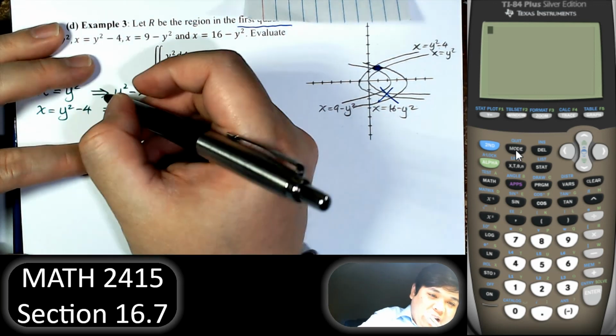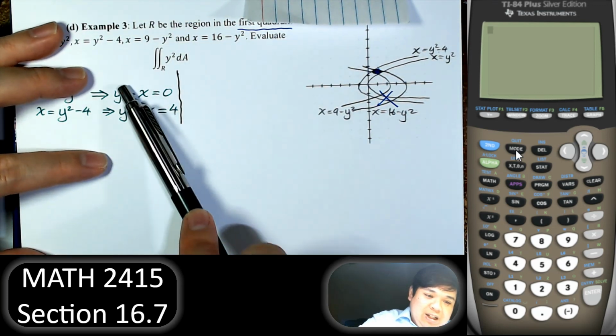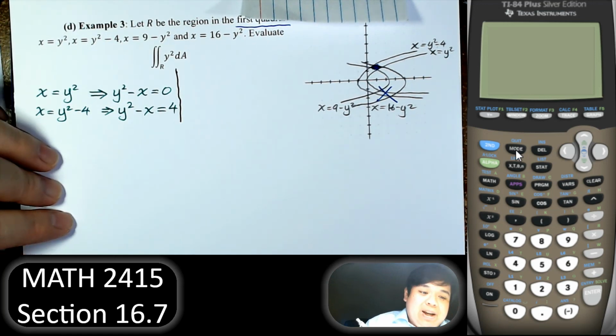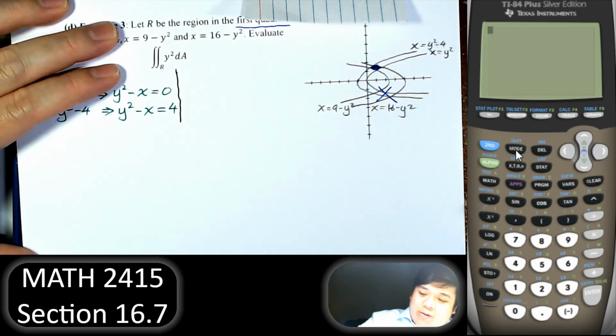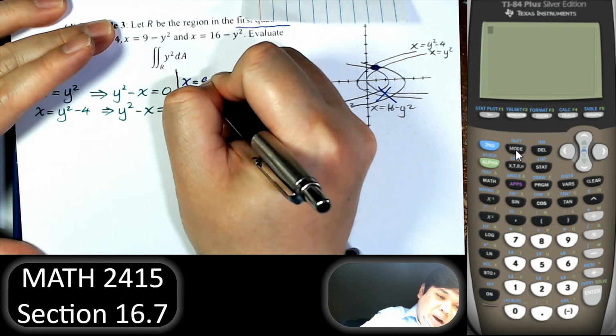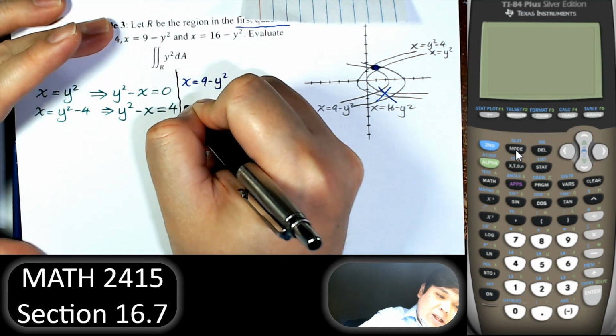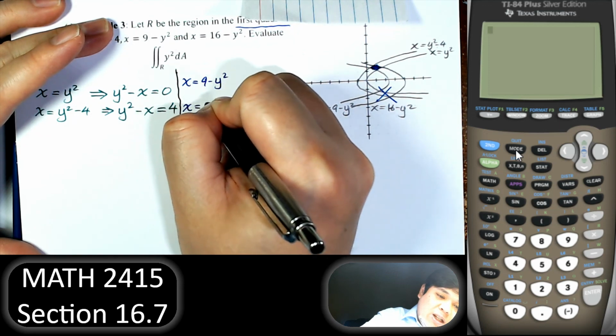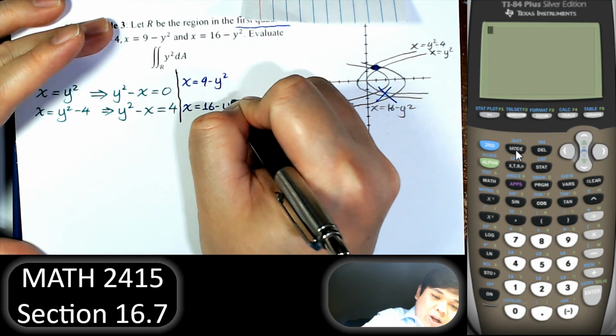So when we have that, we can let u equal something there. Right, the other two functions, x equals 9 minus y squared, x equals 16 minus y squared.